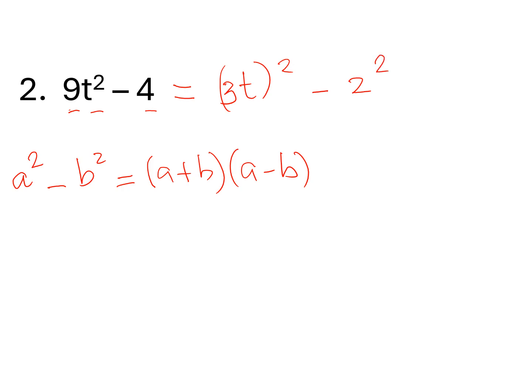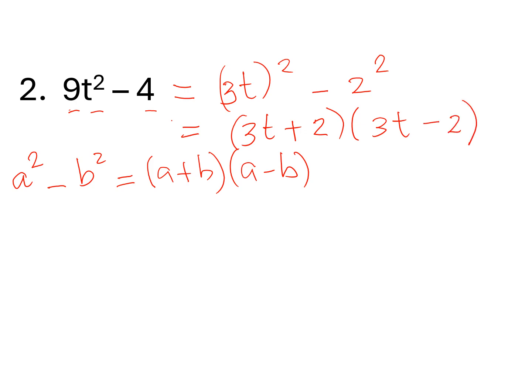By applying the difference of squares formula to factor the expression, we have 3t plus 2 times the quantity 3t minus 2.